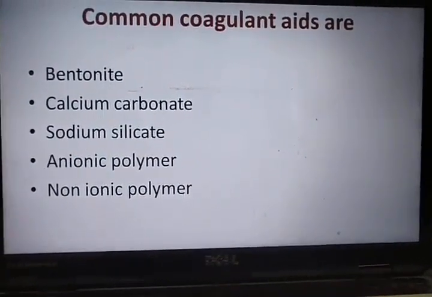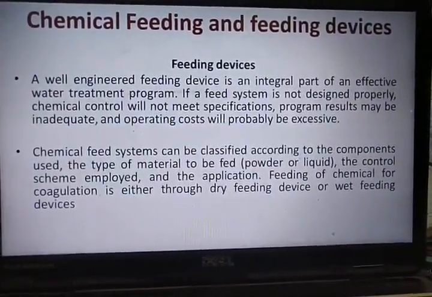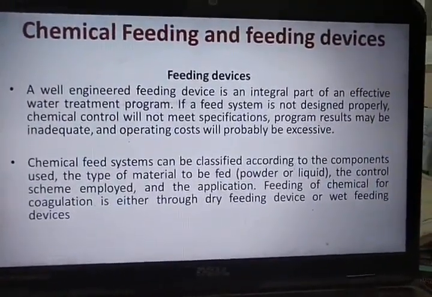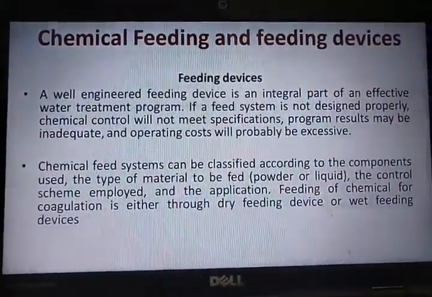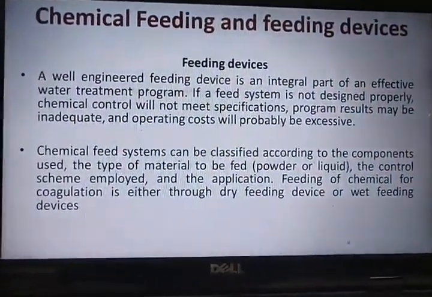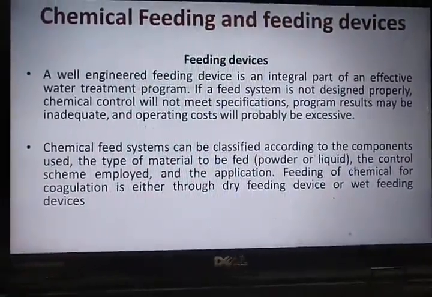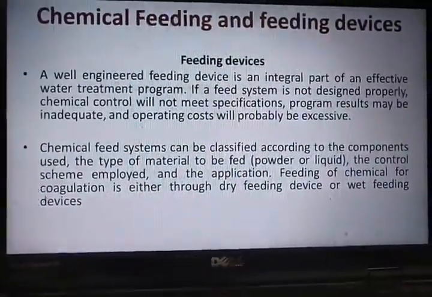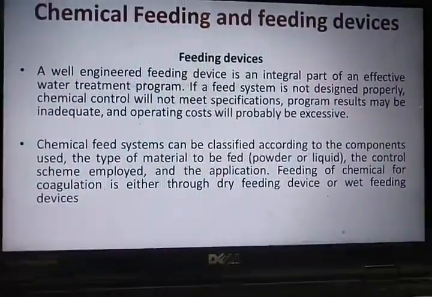Okay, so today we'll talk about chemical feeding and feeding devices. Feeding devices are the engineering facilities made to feed the chemicals in the treatment of water. If these systems are not designed properly, then we may not properly mix the chemicals as per the standards.